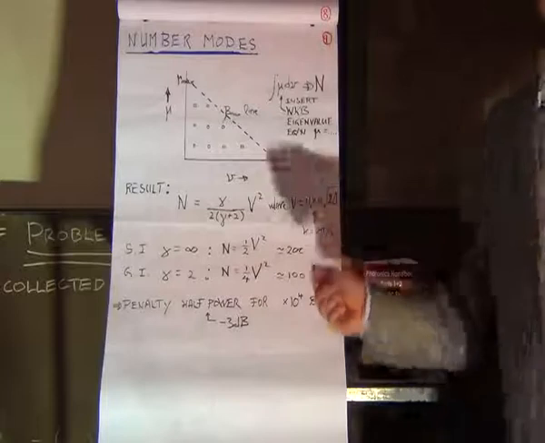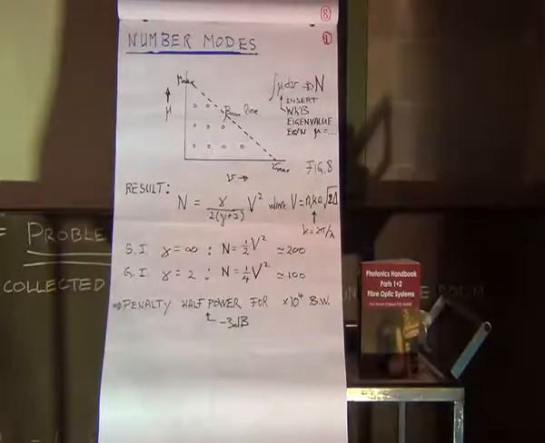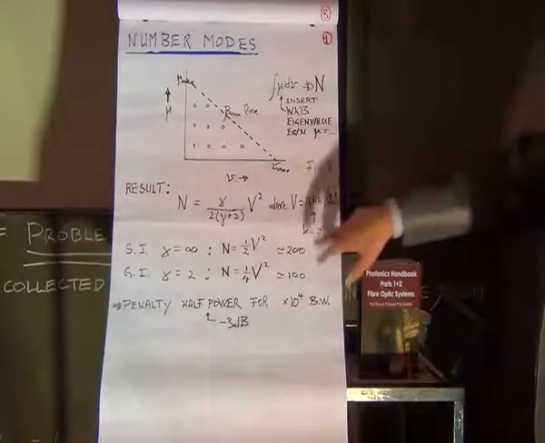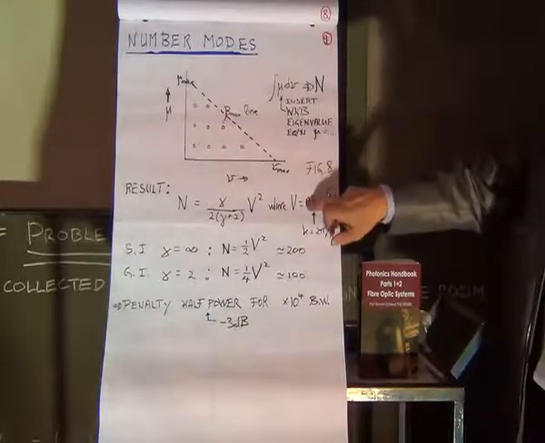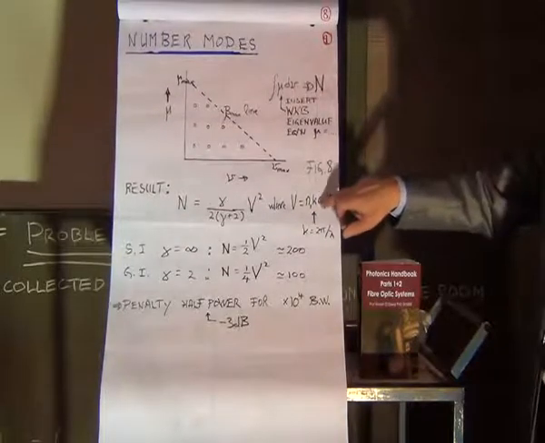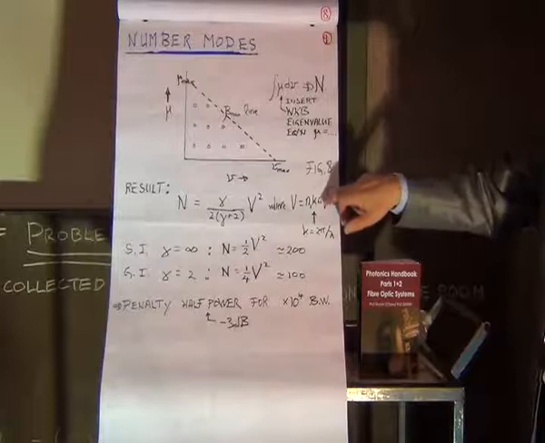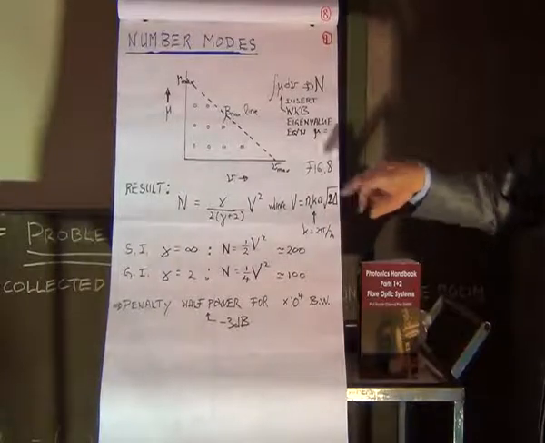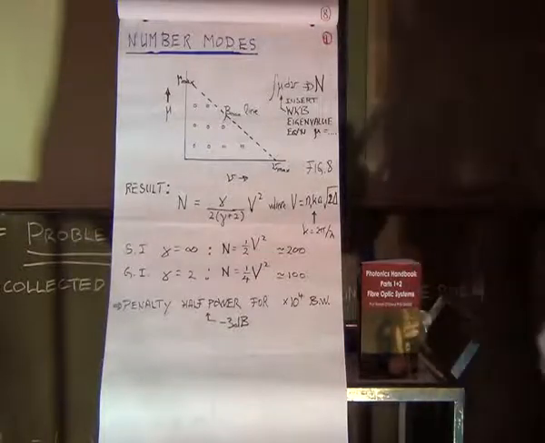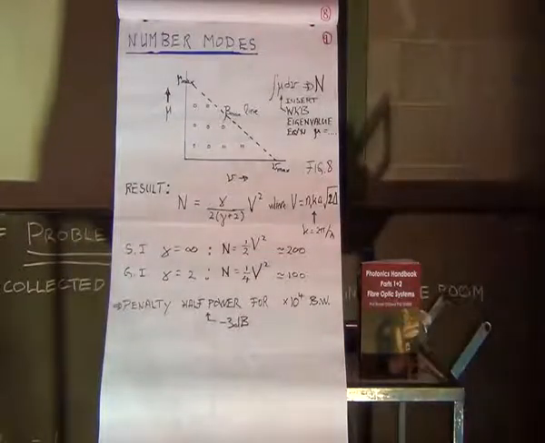Step index fibre has twice as many possible modes as graded index. The exact number depends on what exactly is the index, what is the difference in the indices, what is the wavelength you're using, and what is the diameter of the fibre. Because each mode comes out of the eigenvalue equation with its own beta value, this means that all the modes carry equal power.